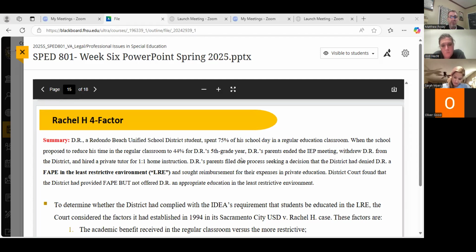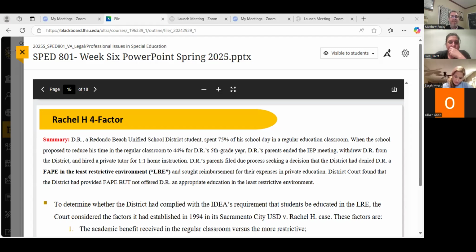The school proposed to reduce that time in the regular classroom to 44%. So for DR's fifth grade year, DR's parents ended the IEP meeting, withdrew DR from the district, hired a private tutor for one-on-one home instruction, and then filed due process seeking a decision that the district had denied DR FAPE in the least restrictive environment, and they sought reimbursement for their expenses.